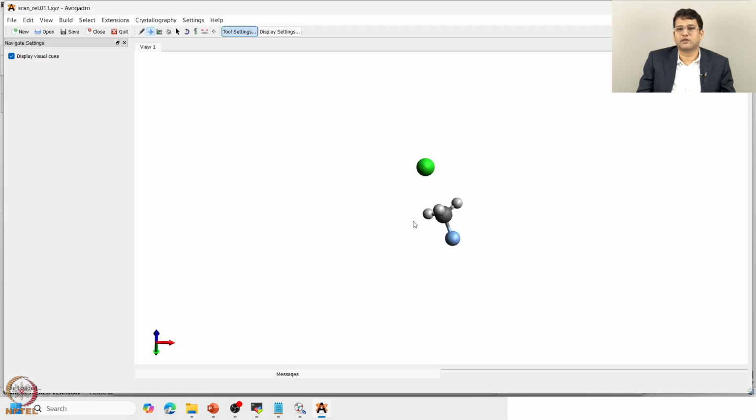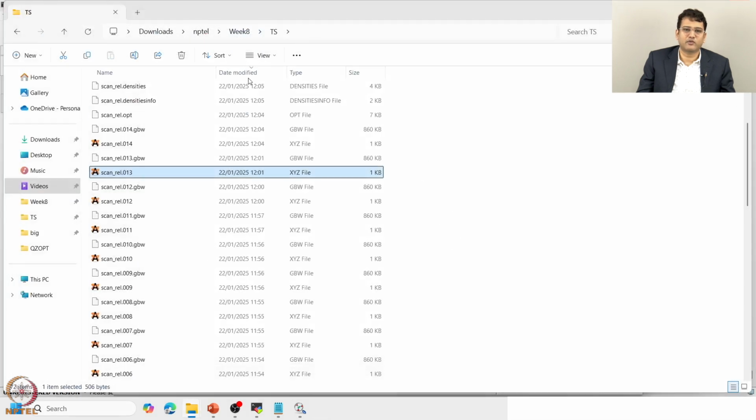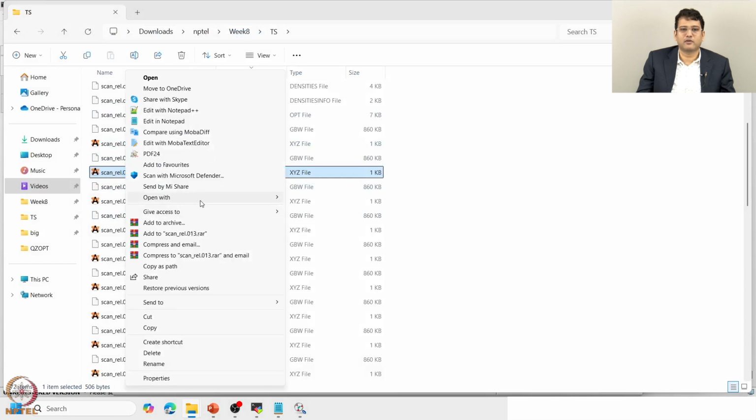13, at least it's in a proper orientation. So either we have to start with 12 or 13 and then redo the scanning again. So let me open the 13 with Chemcraft.